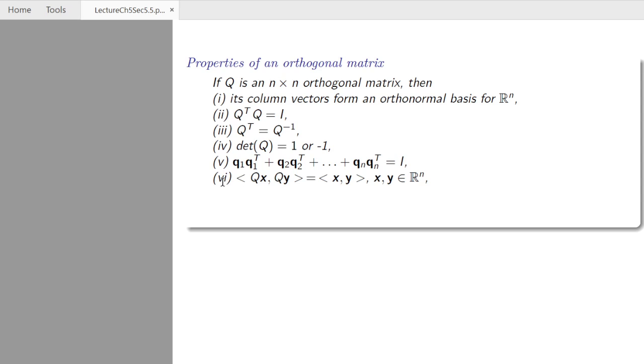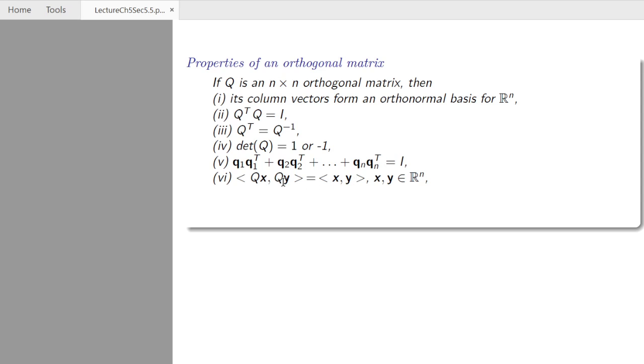Property 6 is: given two vectors x and y in Rn, we use Q times x first and Q times y first, then take the inner product. We can say this inner product equals the inner product between x and y.